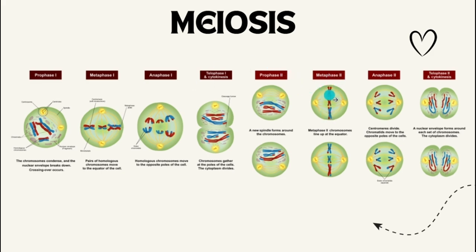Here we have 2 chromatids and 1 chromosome, lining up at the equator, and as you can see, in metaphase 2, they line up more vertically. In anaphase 2, the chromosomes are pulled to opposite ends of the cell, right? And then we have telophase and cytokinesis, where the nuclear envelope reforms, chromosomes become decondensed, meaning less visible, and then the cell is going to split.